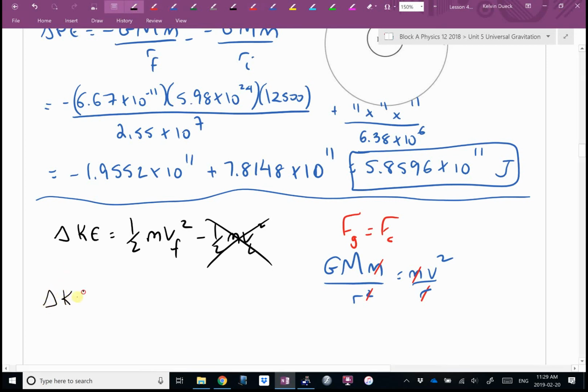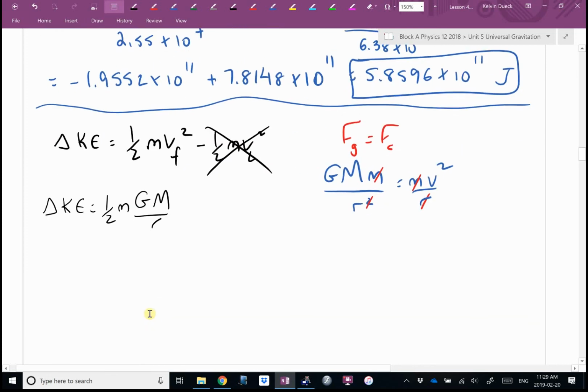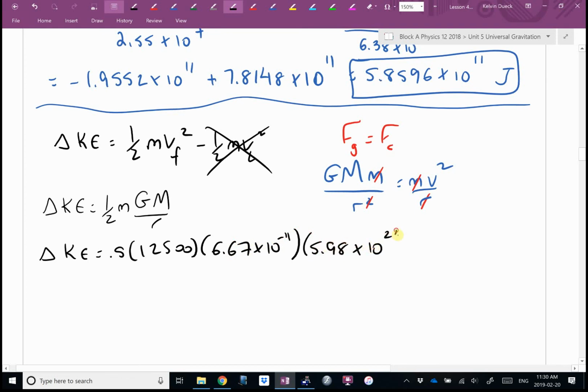I guess the change in kinetic energy is going to be a half little m, big G, big M over R. Okay. Well, now it's kind of plug and chuggish. The change in kinetic energy is going to be 0.5 times little m, which was 12,500, big G, 6.67 times 10 to the negative 11, 5.98 times 10 to the 24th, divided by which R?